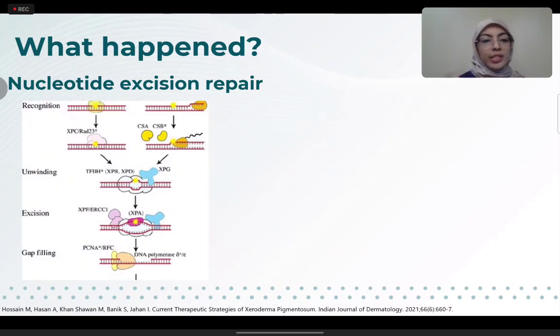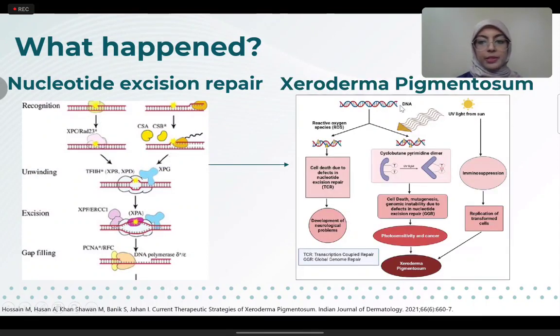Usually, in normal conditions, we have nucleotide excision repair that will cut the DNA base that has a mutation and replace it. However, because of the DNA damage in xeroderma pigmentosum, they have poor repair from the nucleotide excision gene.